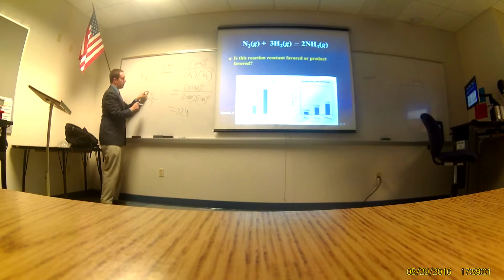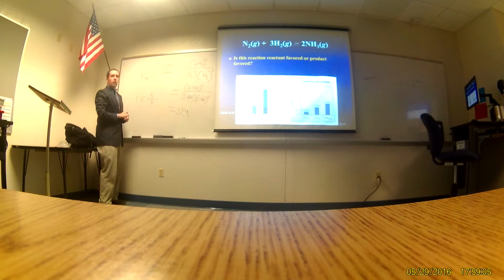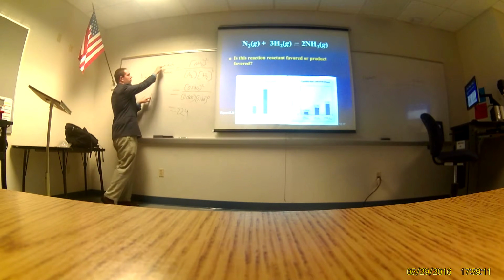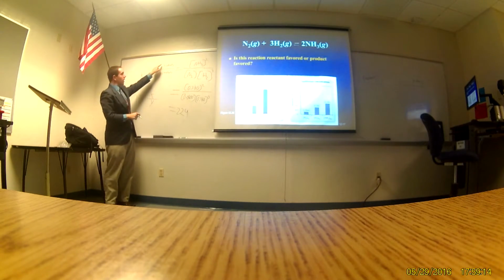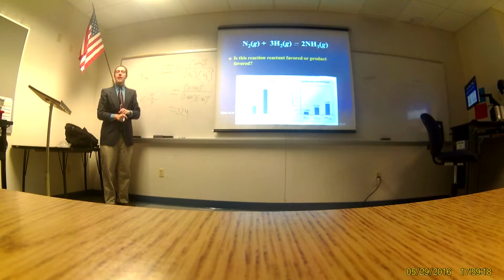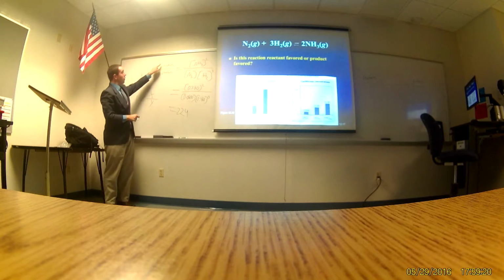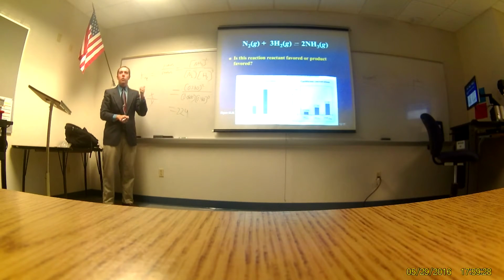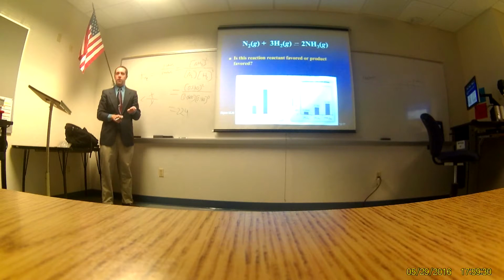If the top of your fraction is bigger than your bottom, this is going to be more than 1. x was our products, so our products are bigger than our reactants. So that is product favored. If the equilibrium value is more than 1, it is product favored.